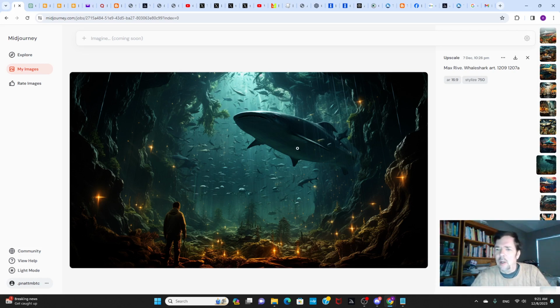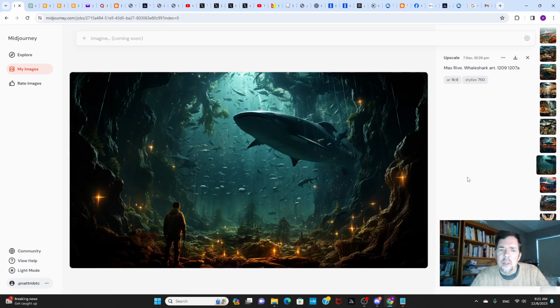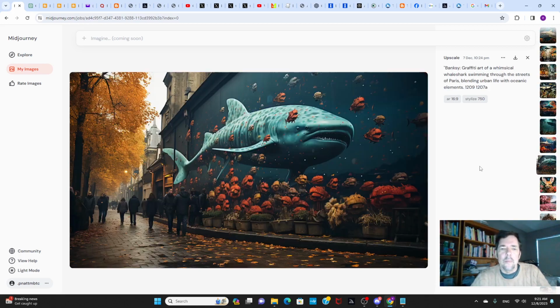The other 3 weren't quite right, but this one was just right in terms of the type of style you'd expect. That turned out really nice. And see, this was a supposedly Chinese art, which doesn't necessarily look like that to me, but it looks like a really nice image.